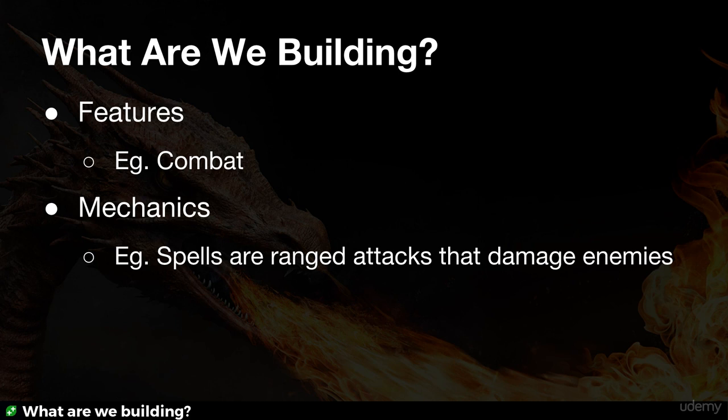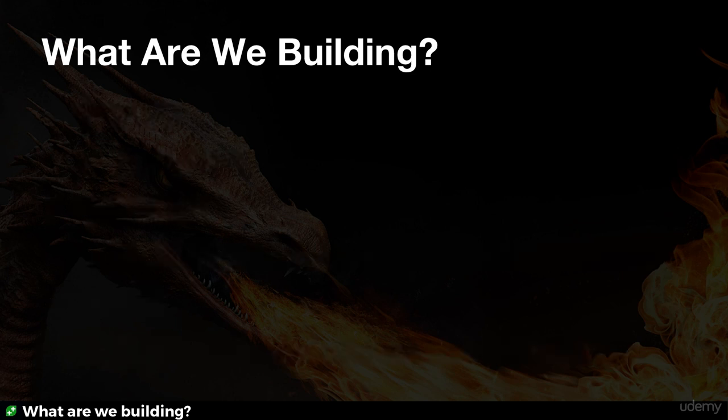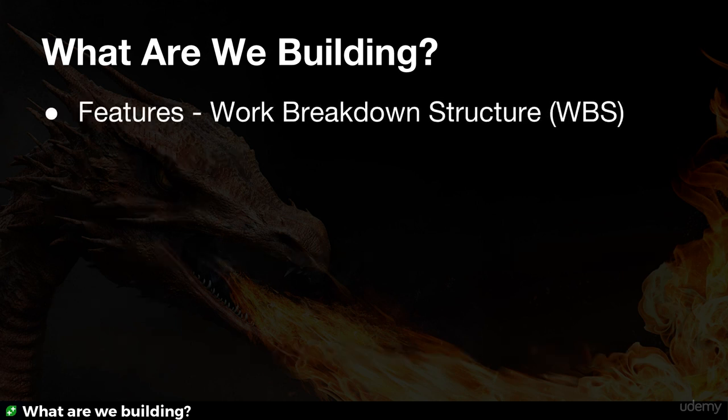So in our game, we will have this mechanic, which is a ranged attack. And for example, a spell is a type of ranged attack. And then one level underneath that is the tuning. And the tuning might be at level 1, so if my character's level 1, the fireball attack does 6 to 10 damage.